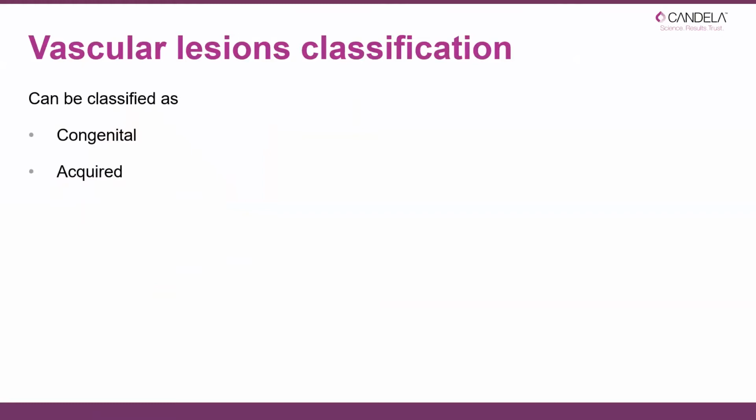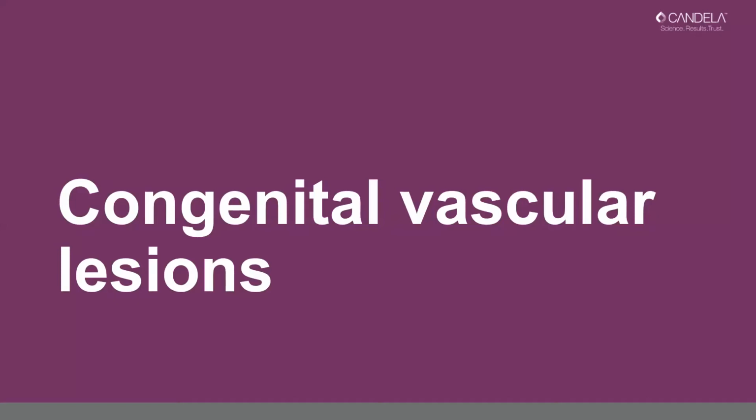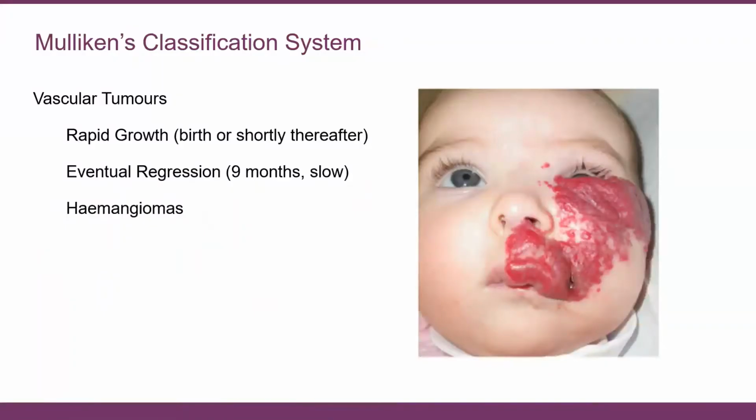So, vascular lesion classification. The simplest way to do this is to break it down into two different groups. First of all, we can look at the congenital group, and secondly, the acquired group. On the congenital side, Mulliken's classification basically puts these into two. You can have vascular tumors.